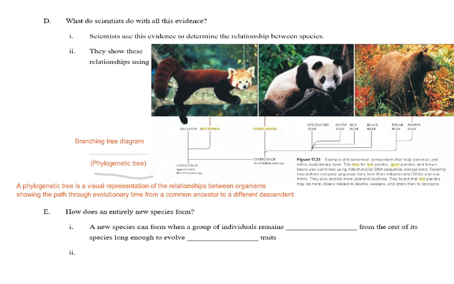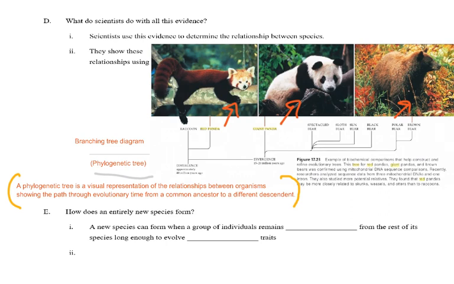Please add this note to your note sheet, and this will be explained in a few moments more thoroughly to help you answer the questions on the Google form. This branching tree diagram shows the connection between a red panda, a giant panda, and a brown bear.